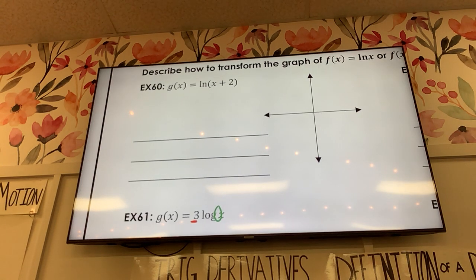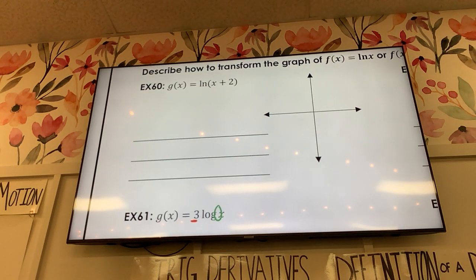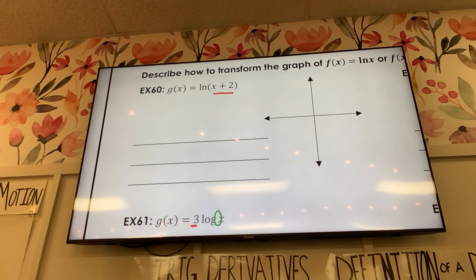All right, on examples 60 through 63, I want to describe the transformations and we're going to sketch the graph. So on 60, let's do all the transformations first. On 60, what kind of transformation is that? Left 2.